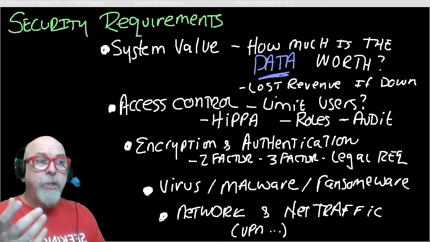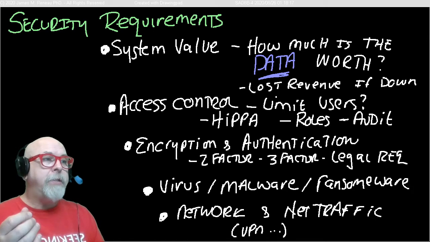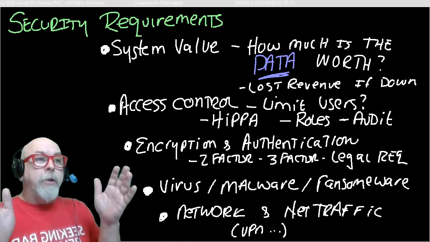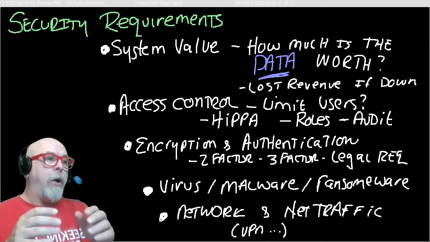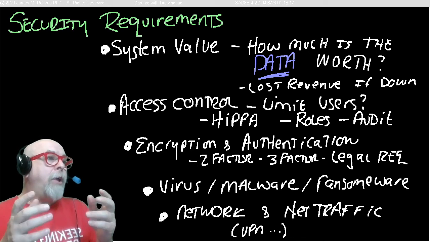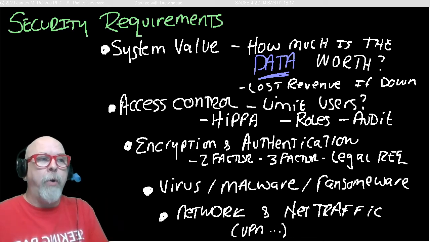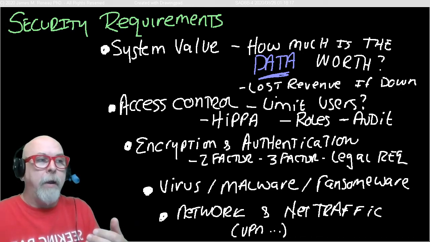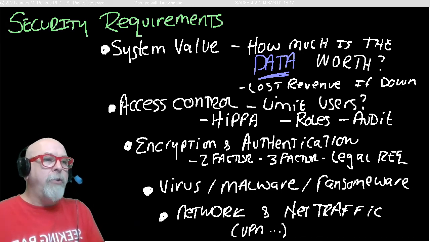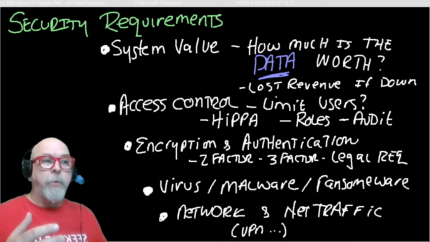Encryption and authentication is another security requirement that we need to build into our systems. How is data going to be encrypted from point to point? And then how do we authenticate a user that's connecting into our system or a client piece of software? Is it going to be a simple little two-factor user ID and password?